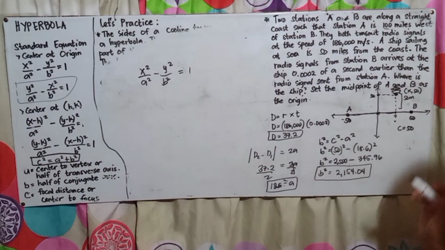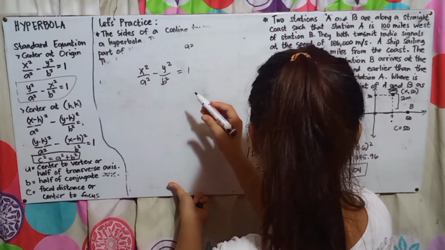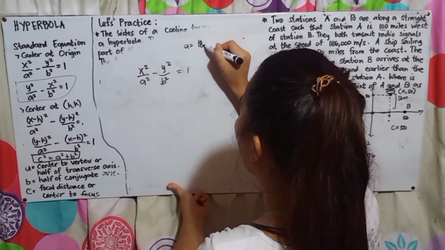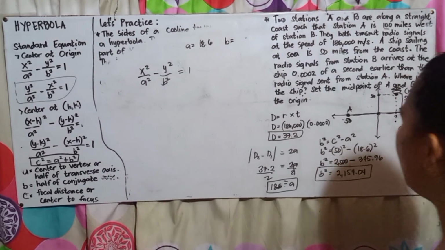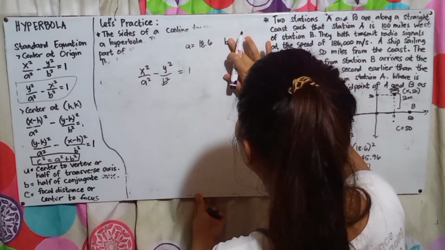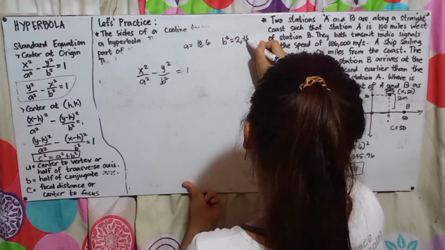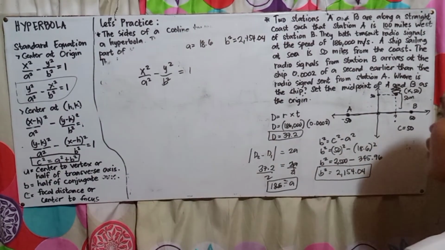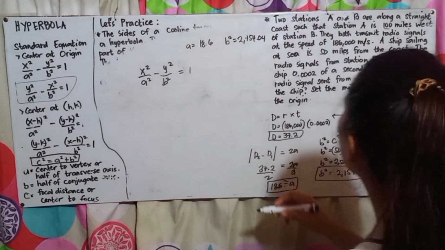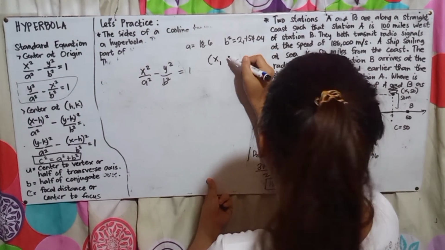Our a is 18.6, and our b squared is 2,154.04. So we substitute.